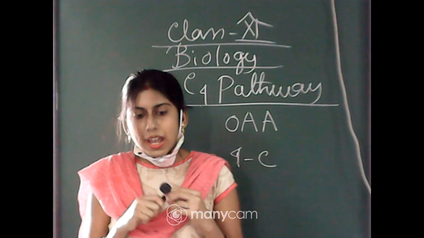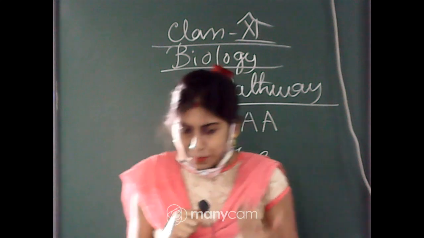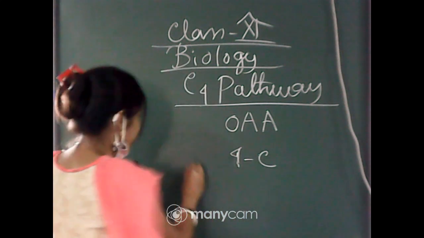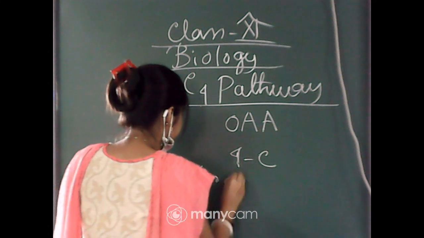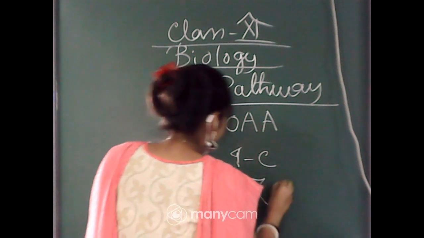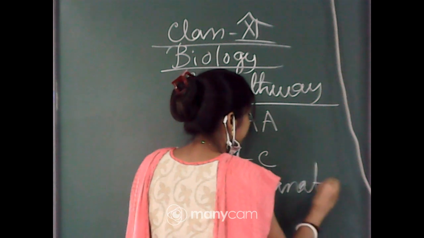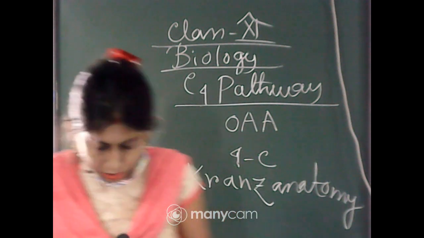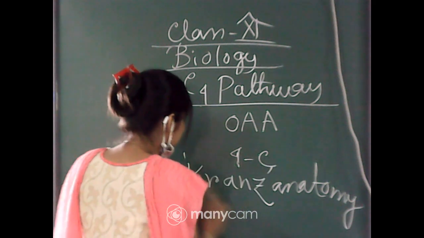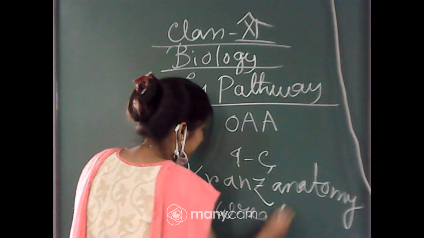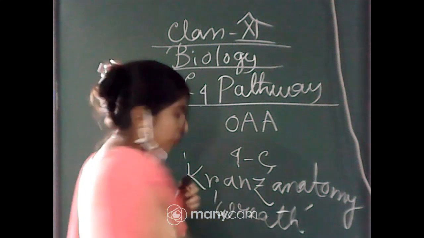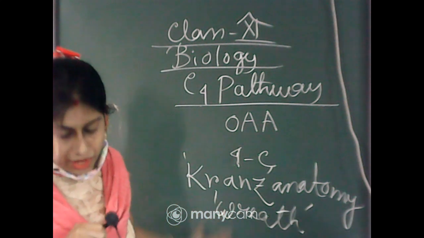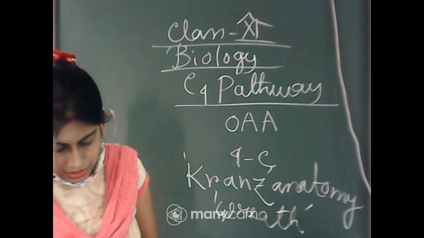And this special anatomy of leaves in these plants is called Kranz anatomy. Kranz means wreath, and it is a reflection of the arrangement of cells.